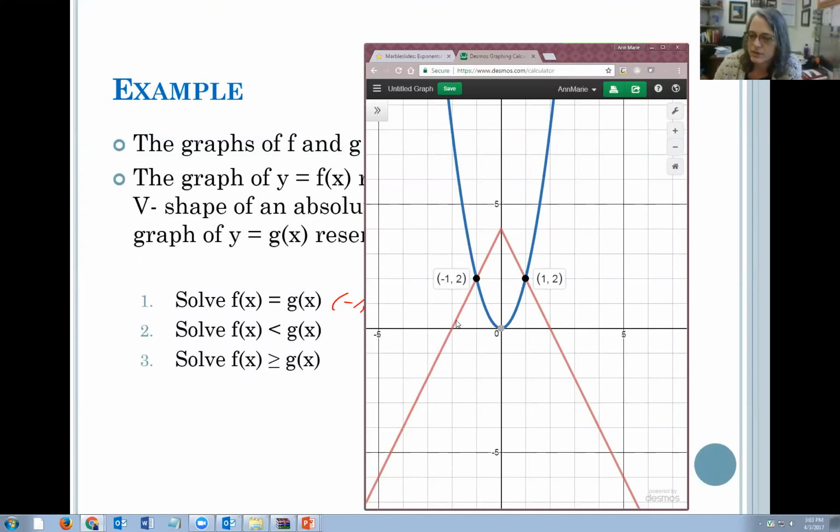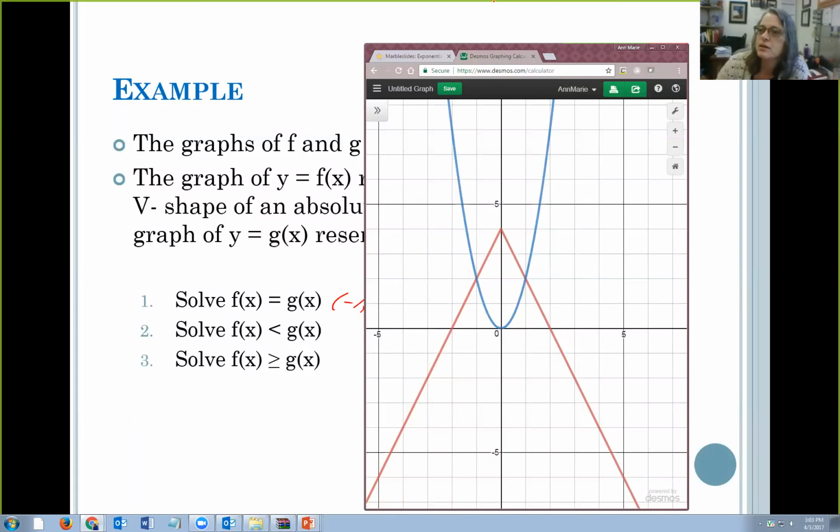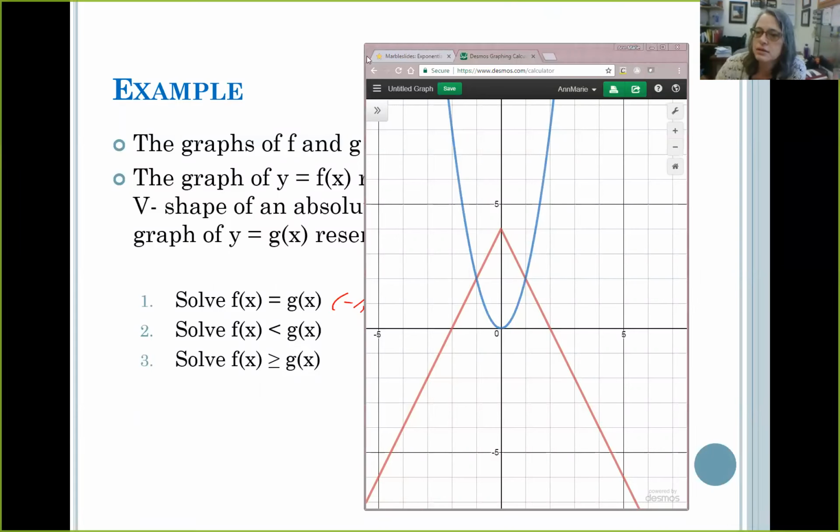Or in other words, we want to know where the red curve is below the blue curve. They were equal at x equals -1 and x equals 1, so anywhere below x equals -1 and above x equals 1, we see the red curve is below the blue curve.